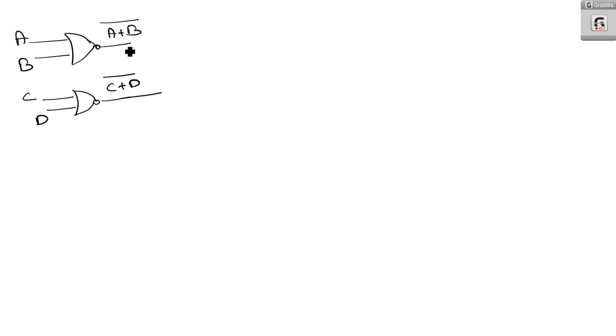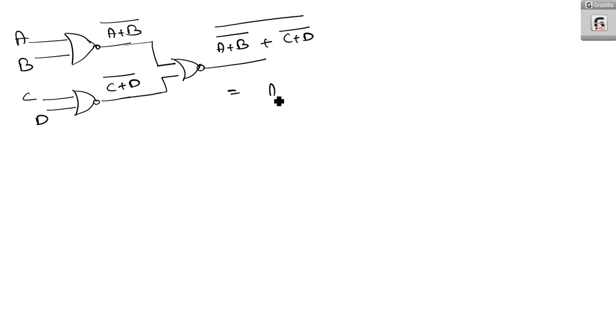Now if these both are fed into a NOR gate, suppose I am getting the circuit like this, so here what we get? You will get A or B the whole bar or C or D the whole bar. So that is A or B bar dot C or D bar. What is A or B the whole bar?